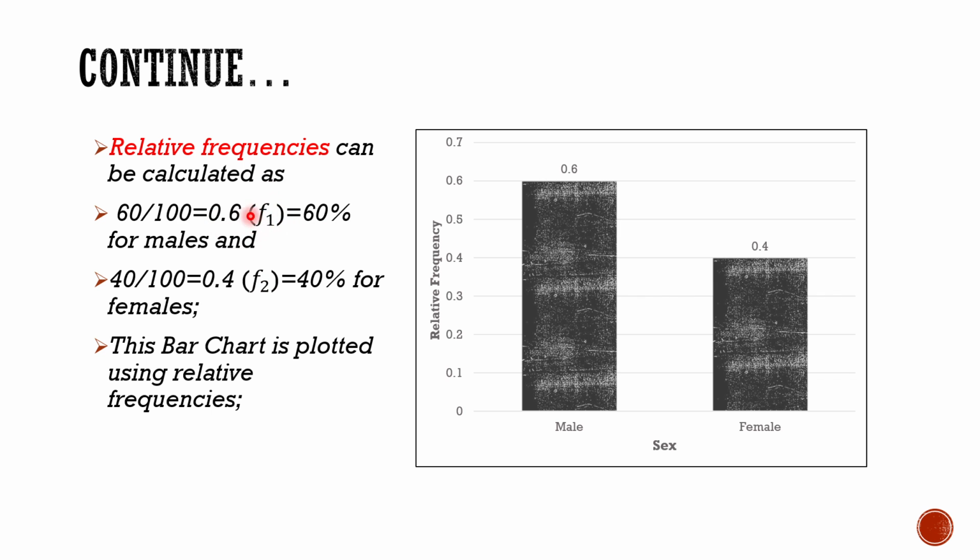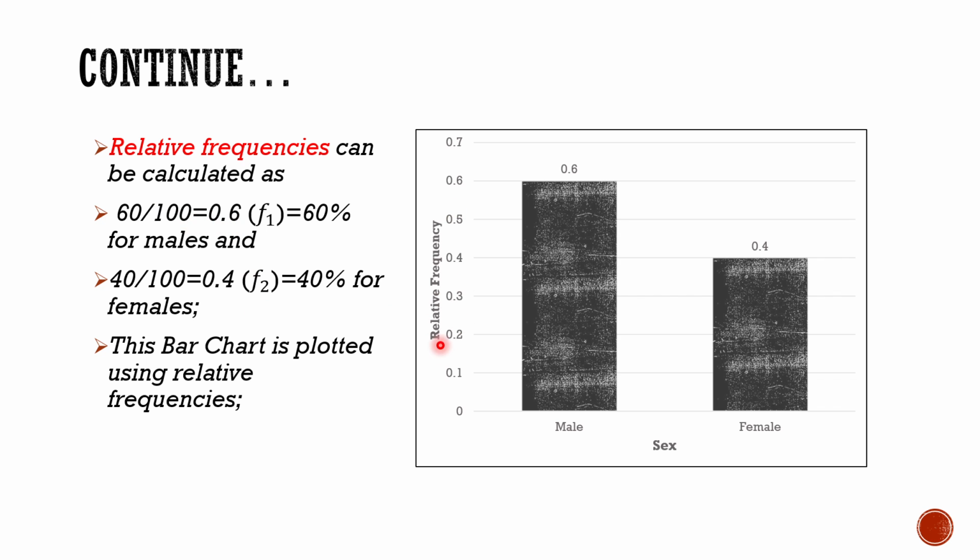We showed in the previous lecture that they can be calculated using the formula Fj equals Nj upon N, where Fj is the relative frequency of the jth category, Nj is the absolute frequency of the jth category, and N is the total sample. So to calculate this for males, you put in the absolute frequency of male, then divide it by the total sample, that is 100, and you get your relative frequency.